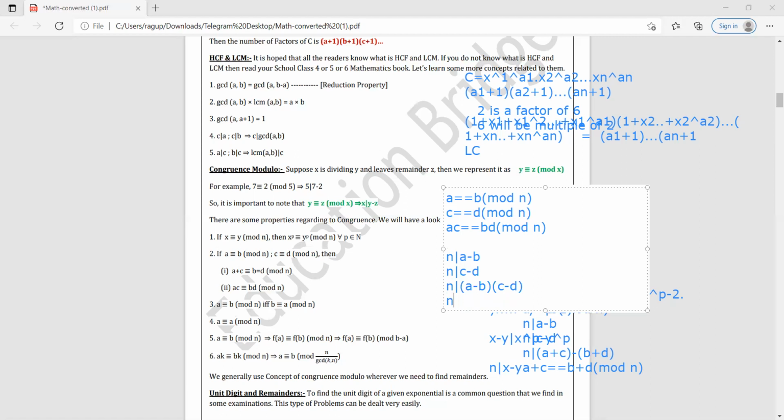Oh, I have an easier way to do this. If n divides A minus B, then the multiple will also be divisible by it. So n divides AC minus BC. Similarly, if n divides C minus D, then n divides BC minus BD, and thus its addition will also be divisible by n.